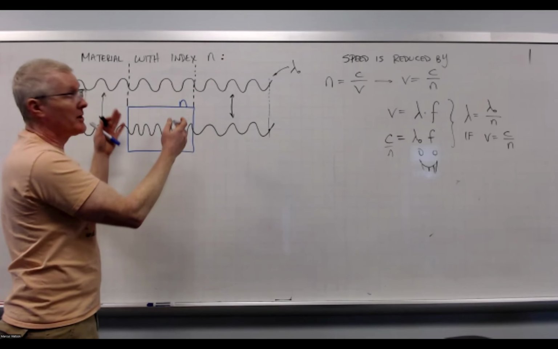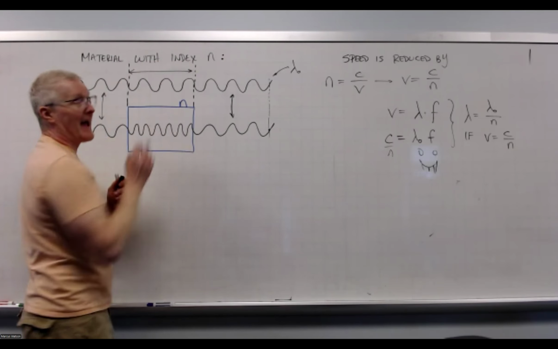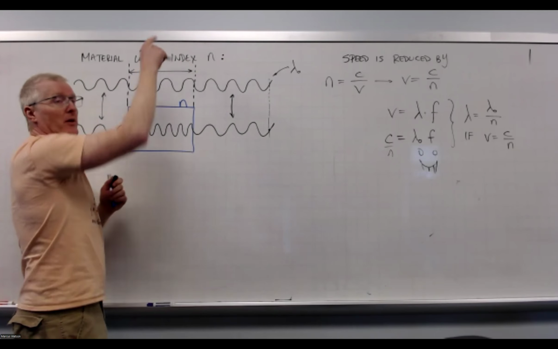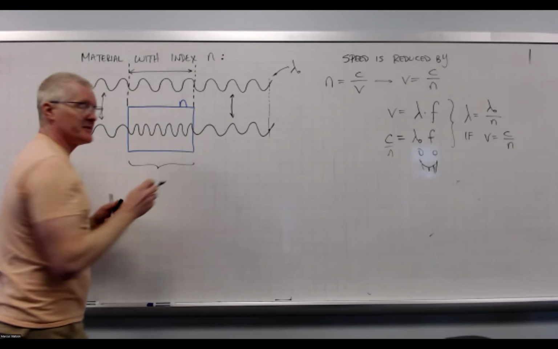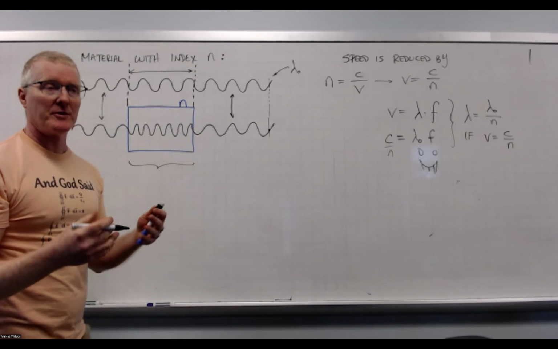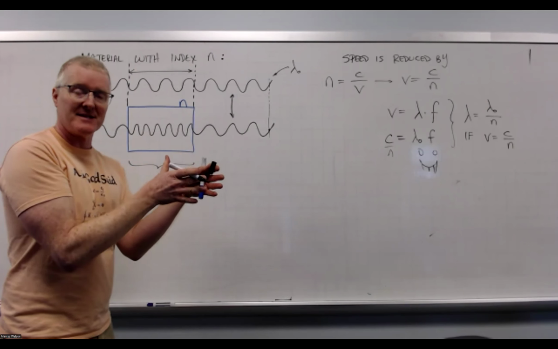So what we want to do is look at how many wavelengths went on in that distance there for the top wave versus the bottom wave. Because if I figure out how many wavelengths they've gone through, then I can take a difference and figure out the difference in their phase.